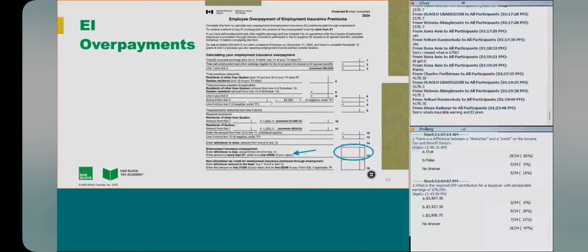Now, any overpayment is calculated on this form called a T2204. Divya, I'll speak to that as well. So EI is for employment insurance premiums. Any overpayment is calculated on this, the T2204.